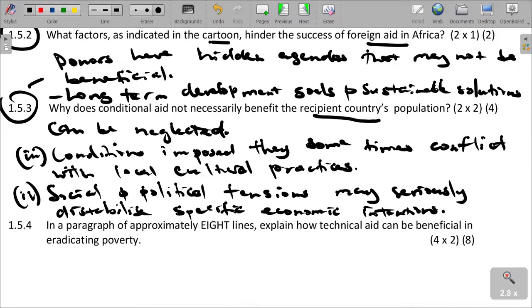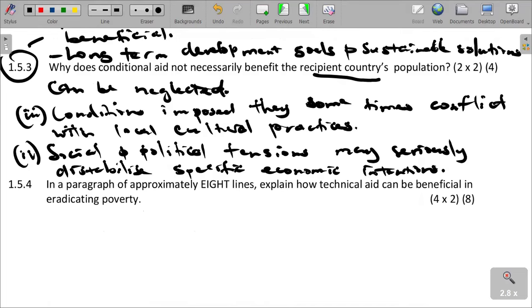Intentions cannot be met because of these social and political tensions that might also arise there.